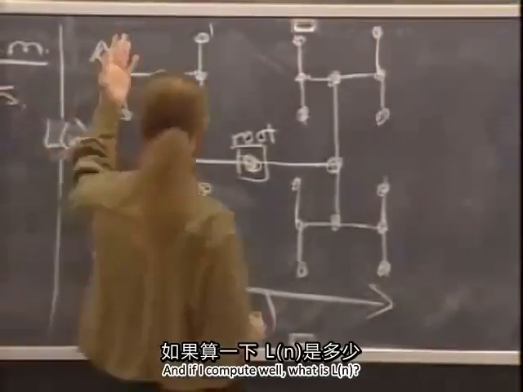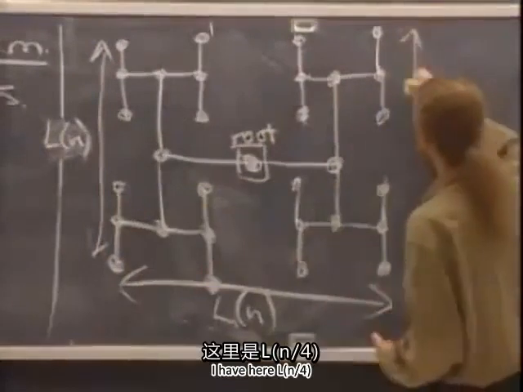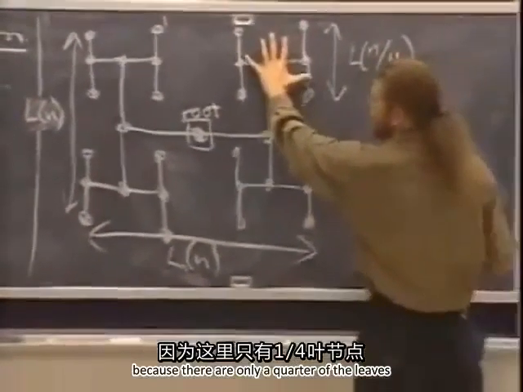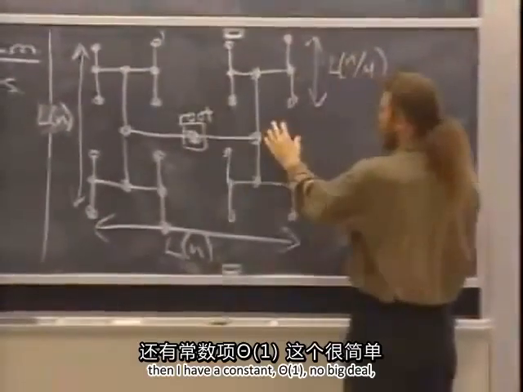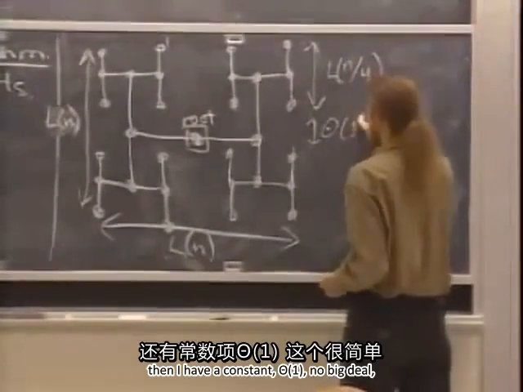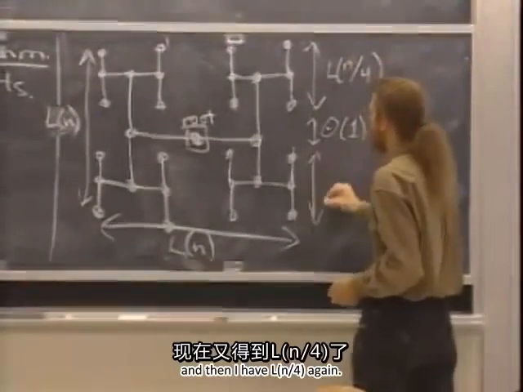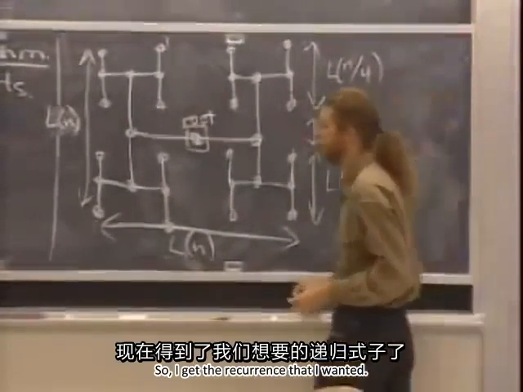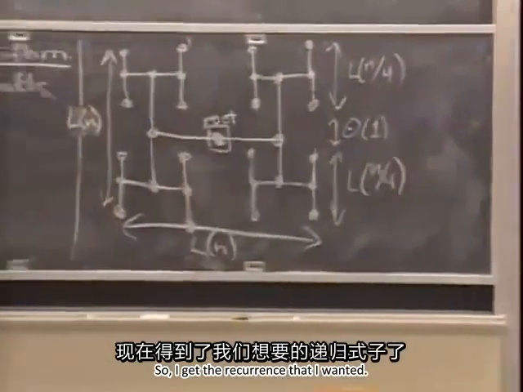And if I compute, well, what's L of n? I have here L of n over 4, because only a quarter of the leaves are in this one or in that one. Then I have a constant. This is like theta 1. No big deal. And then I have L of n over 4 again. So I get the recurrence that I wanted.